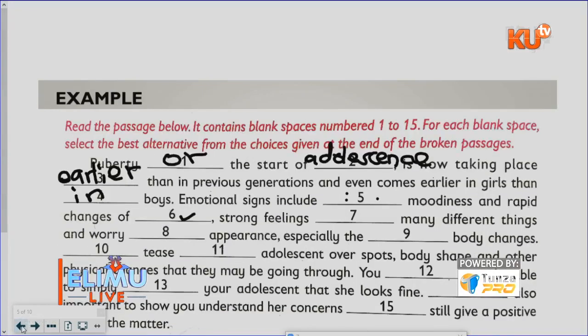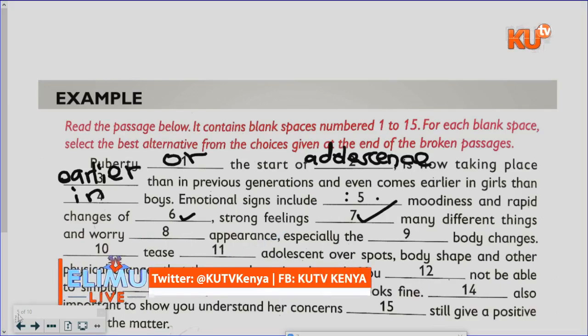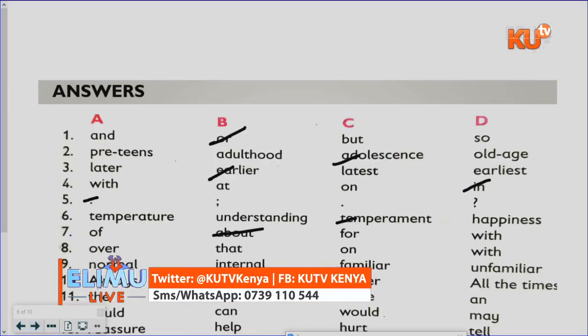8 says, and worry dash appearance. And worry over appearance, and worry that appearance, and worry on appearance, and worry with.